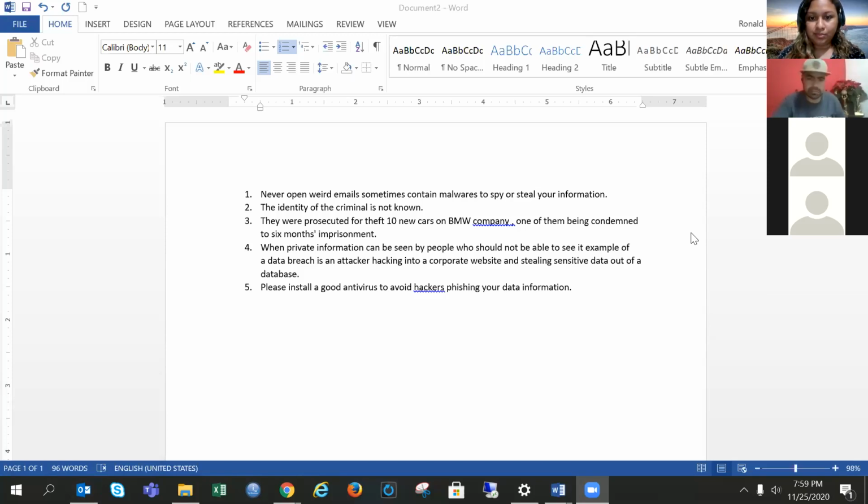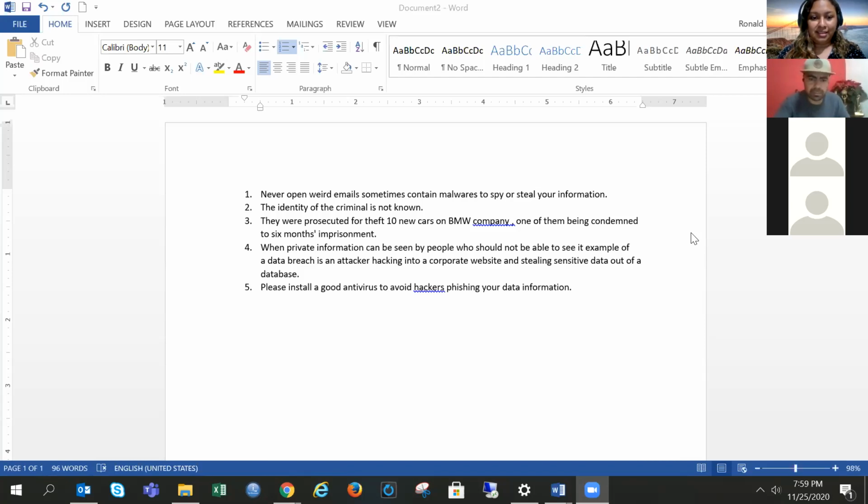In the first one, we use malwares. Never open weird emails, sometimes contain malwares to spy or steal your information. In the second, we use identity. The identity of the criminal is not known. In the third one, we use theft. They were prosecuted for theft of 10 new cars from the BMW company, one of them being condemned to 6 months imprisonment.